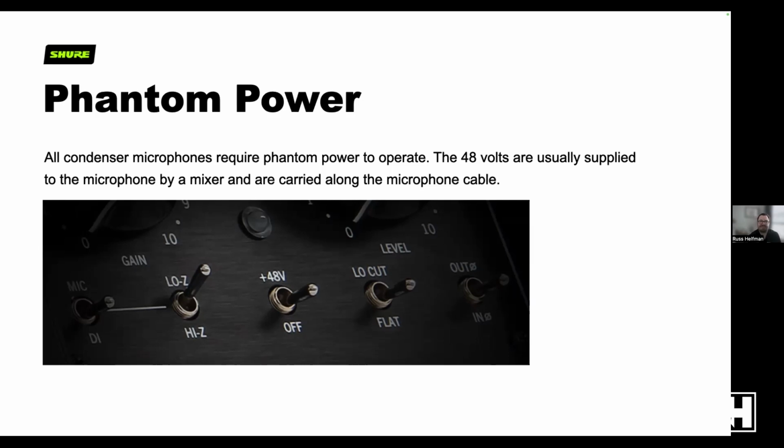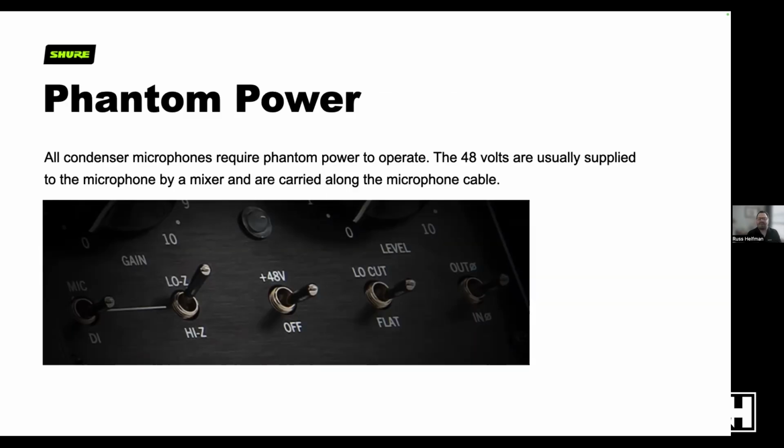It's typically 48 volts, and you would be hard pressed to find a mixer or an audio interface that does not have phantom power. So don't worry. Chances are, if you're not sure whether your interface or mixer has phantom power, it does. It'll either say phantom or 48V or something like that. It could be on the top or the back of the mixer, but it's usually there.